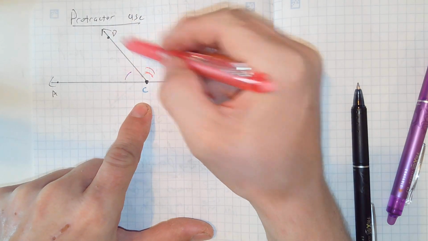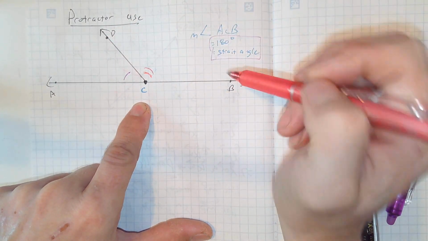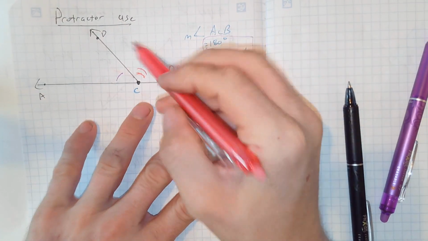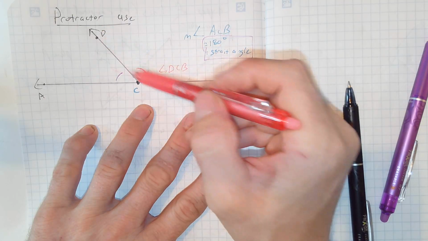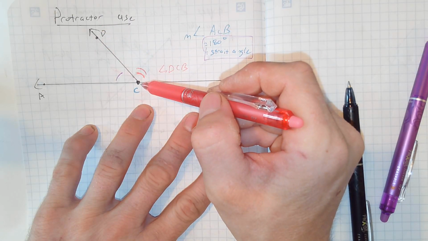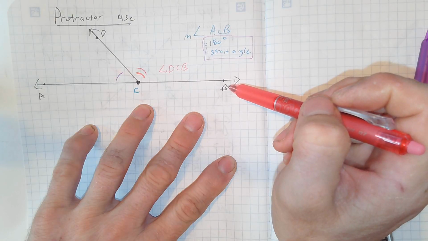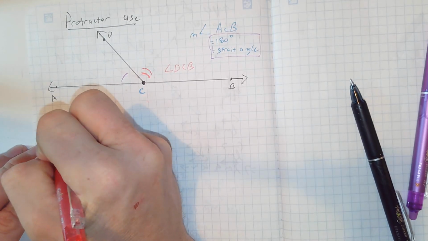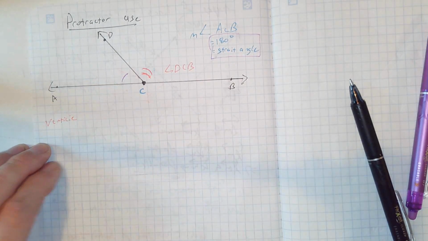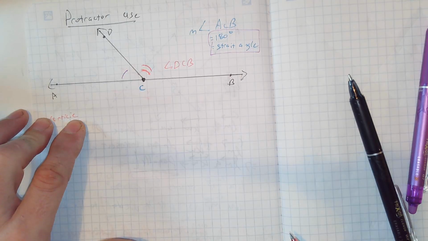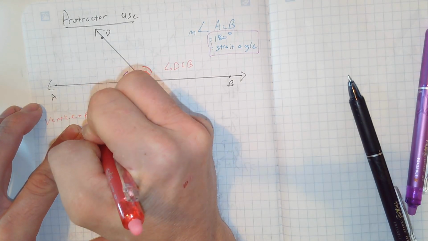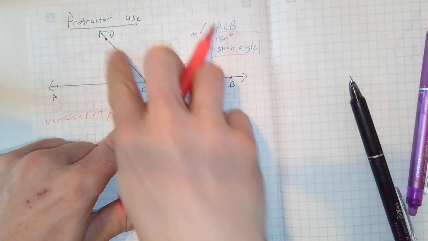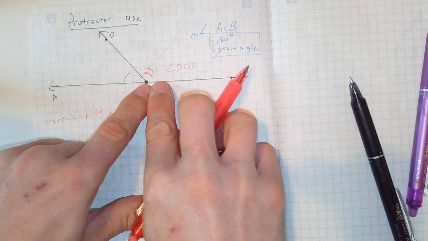This is angle DCB, starting at one endpoint to the vertice to the other endpoint. The vertice, probably spelled wrong, is the pivot point for the angle. It's the middle of the angle.